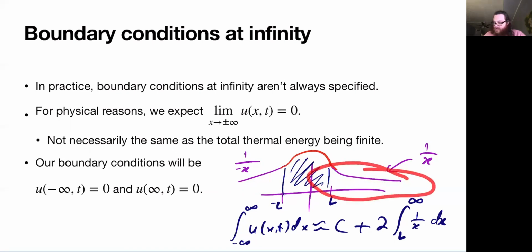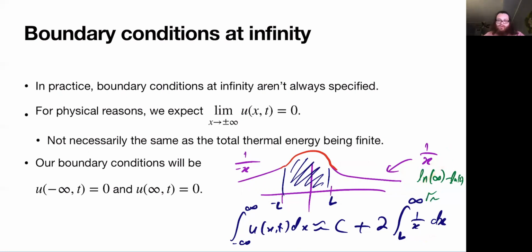The energy coming from here is going to be the integral from L to infinity of 1 over x. But this integral is approximately ln of infinity minus ln of L, and this thing goes off to infinity.